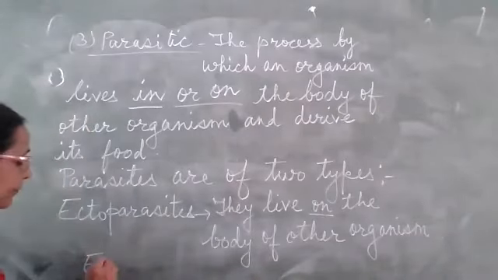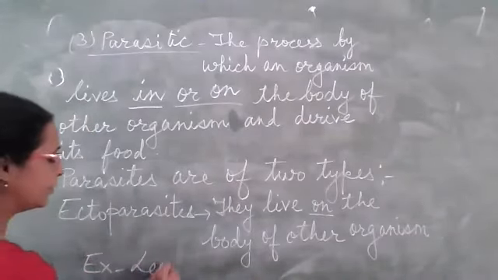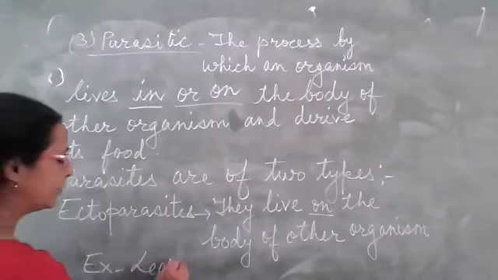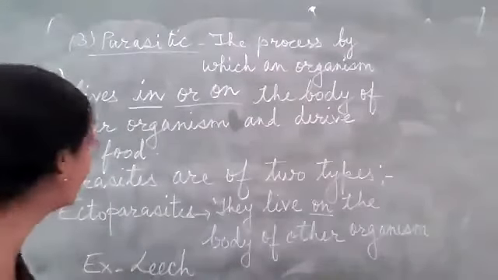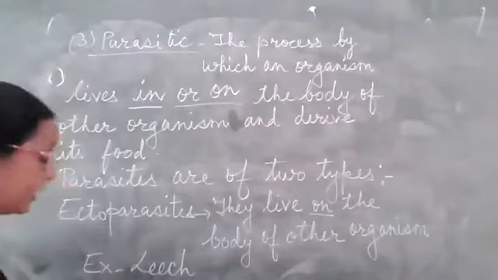Example, leech. Leech is a type of parasite which gets attached to vertebrates, different animals like cows and buffaloes, and sucks their food. So leech is an ectoparasite.